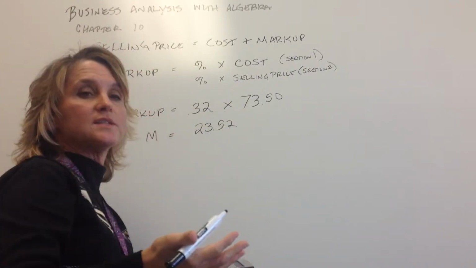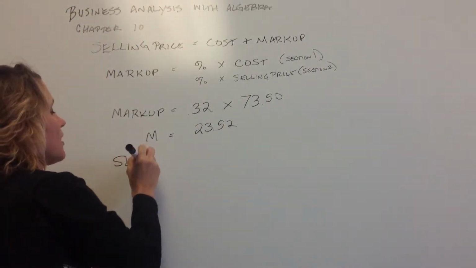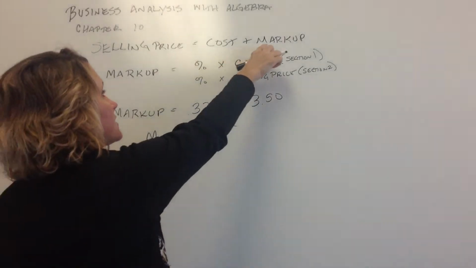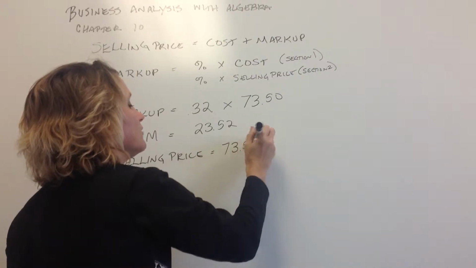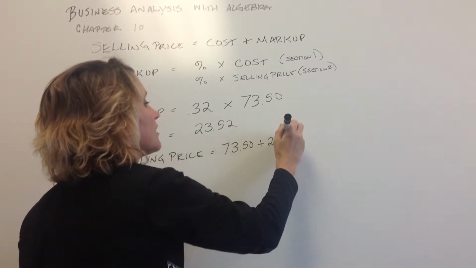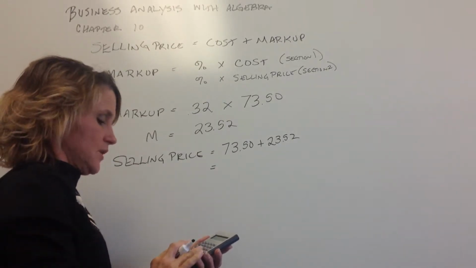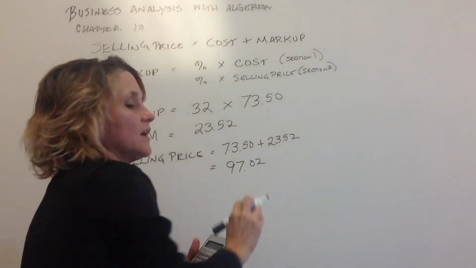Then it said, okay, well, what is the actual selling price? So then I go back to this formula, and I say, okay, my selling price is my cost plus markup. I know my cost is $73.50. I just calculated my markup to be $23.52. So I just add those together. So my selling price is $97.02.